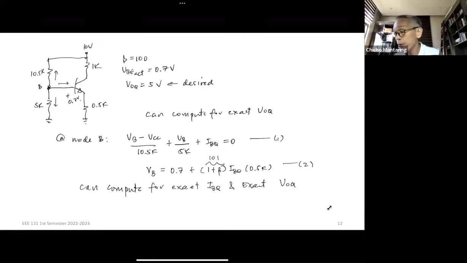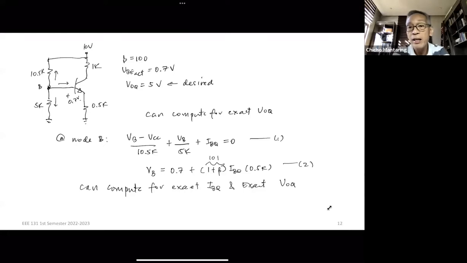Because when we bias a transistor, we're not very sure of all of the parameters of the transistor anyway. And so that difference is not going to be material. I'm going to stop here. So that ends the discussion on biasing.